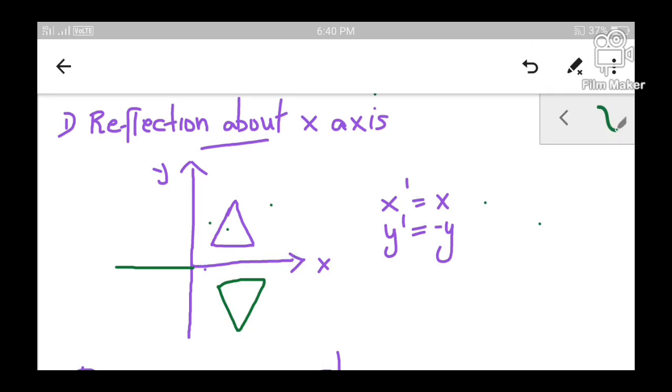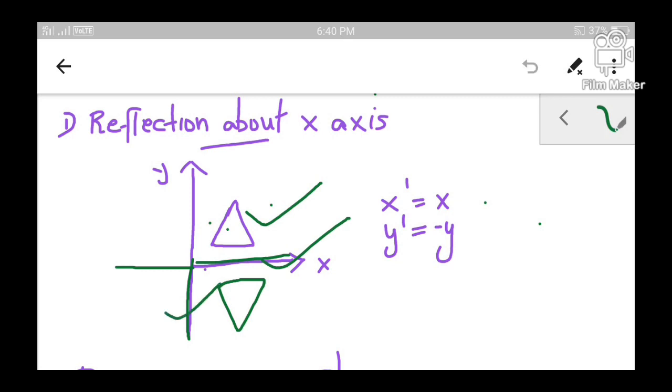So after reflection, the reflected image will have the same x values as the original object, whereas the y value of the reflected image will become negative, because where the original object lies, both x and y are positive, whereas when you consider the reflected image, x is positive but y is negative.